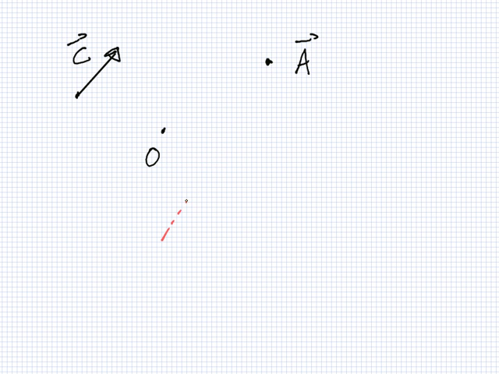The line which is passing through A, I shouldn't really say that's a vector. The line which is passing through A and is parallel to the vector C. So in other words, I want all of these vectors. Right, let's try this again. Let's see if we can make a formula.